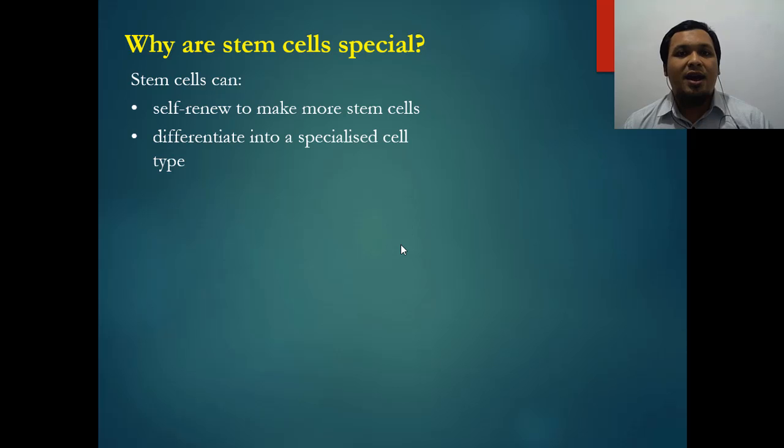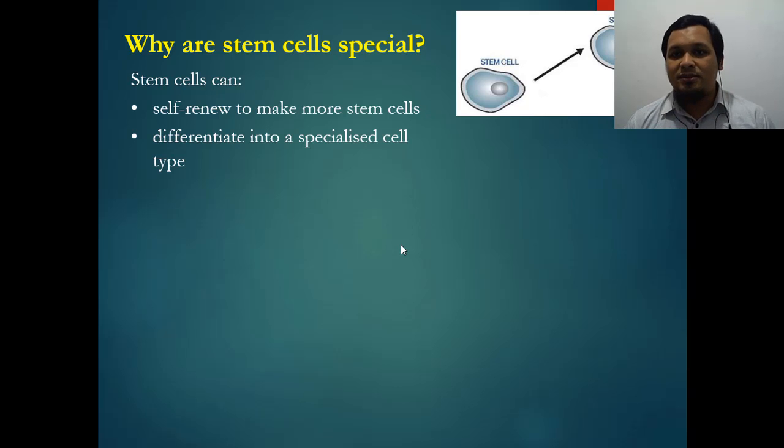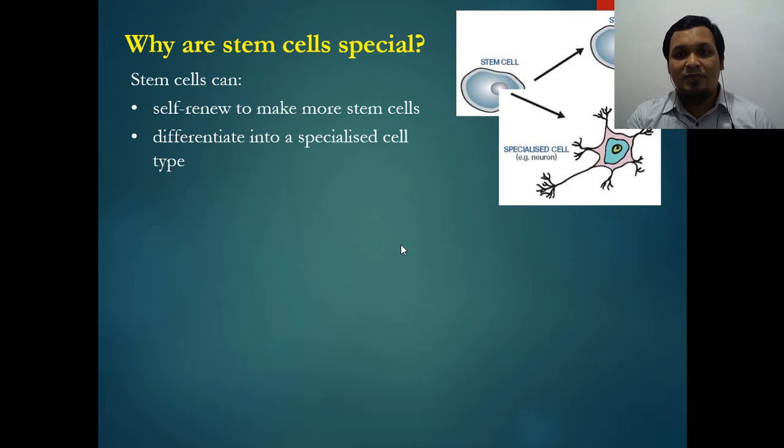So why does stem cell become so special? Because they are able to make new stem cells, and they can also differentiate into specialized cell types. This is stem cell, and stem cell can make a new stem cell by reproduction, and they can also specialize by making a new type of cell.